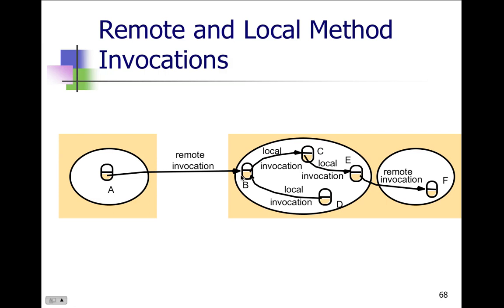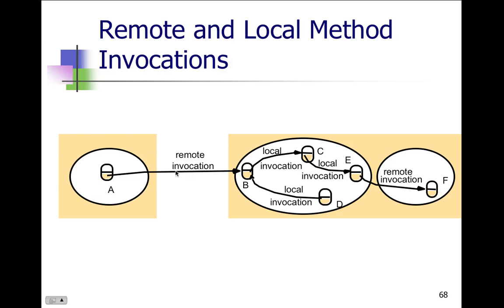So this would be the remote part of it, which means A is making an invocation over here to B, a local invocation over here to C, local to D, local to E, and maybe another local. Maybe E is making a local over here to F, which is going to be on another server or another platform, another object somewhere.